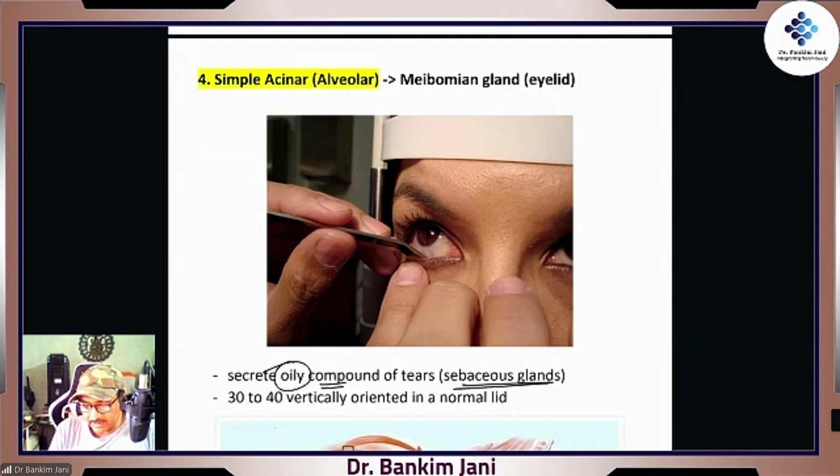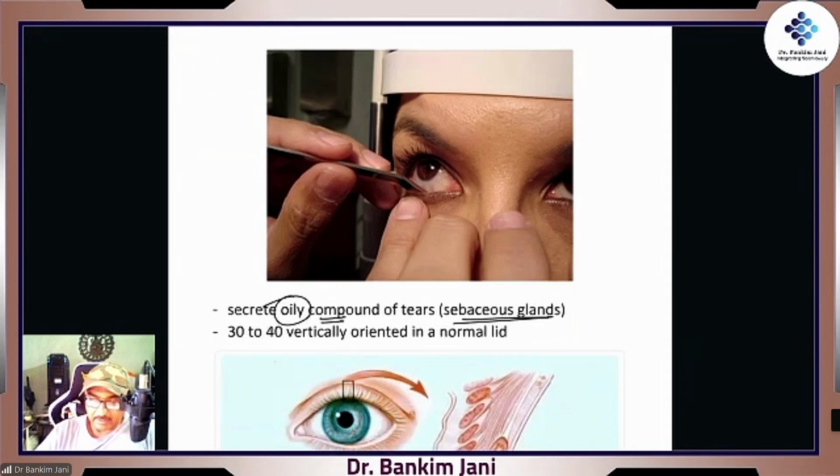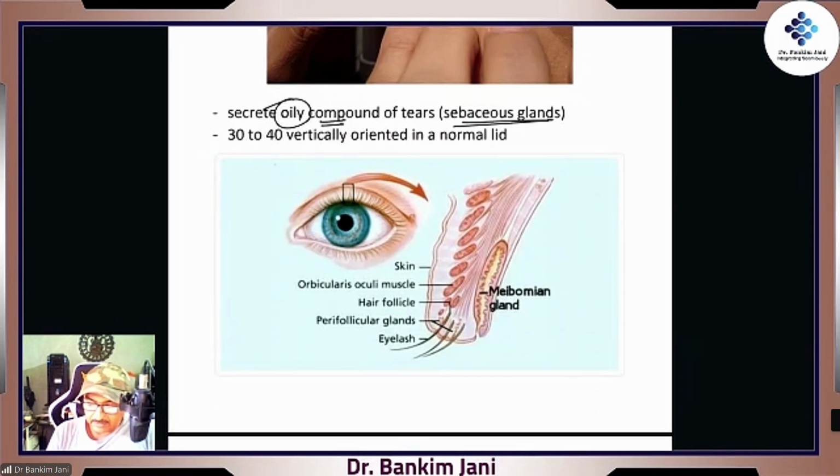So these are sebaceous glands. There are 30 to 40 of them oriented in the normal lid, even in the eyelid. They are called the Meibomian glands, into the eye.